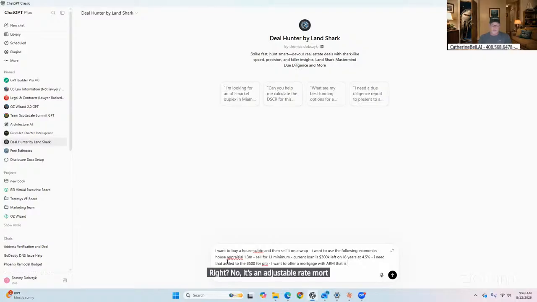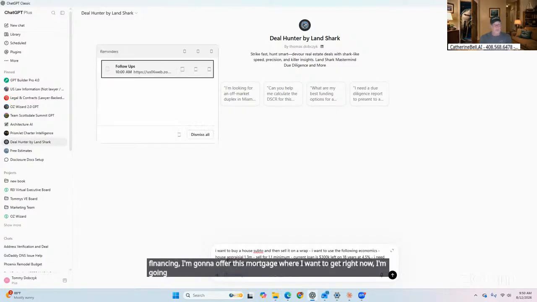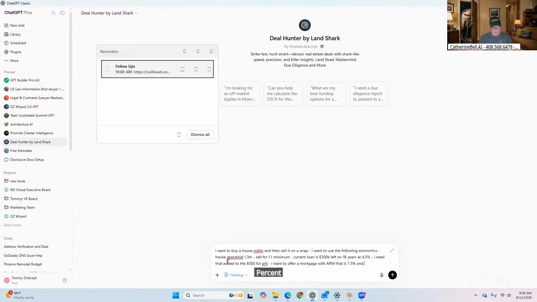And because I'm selling it owner financing, I'm going to offer this mortgage where I'm going to start them at 7.5% and accelerate after 5 years to cap at 12.5% in 5 more years.